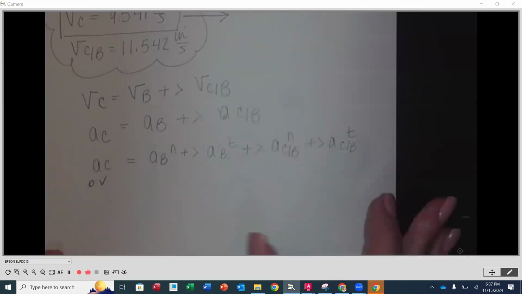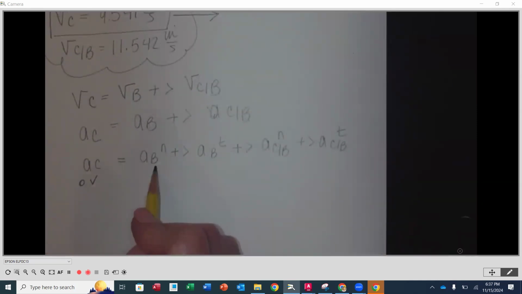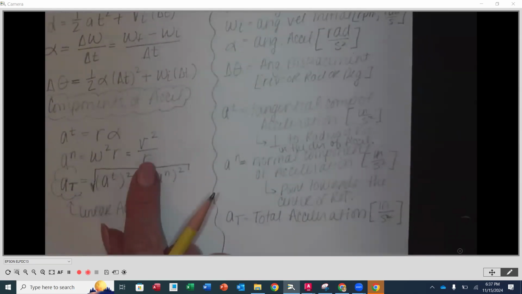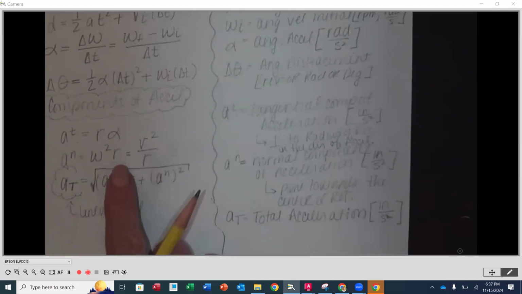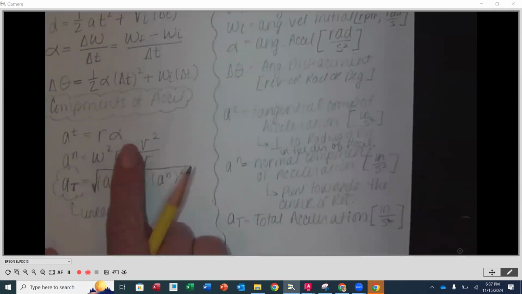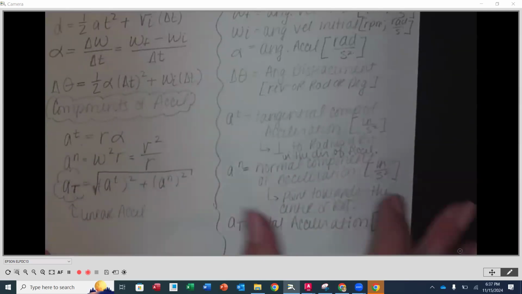Now we're going to cross over the equal sign, and we're going to look to our normal tangentials of the other 2 points. So the normal at B, again, we look back to our equation sheet. If we look for the normal component to calculate it, we can use either one of these equations, because point B is on link number 2, and we know all of these. Either one is going to be fine.